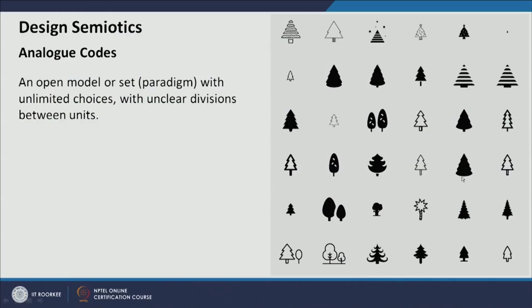For example, if we go back to the previous slide, where all these were analogous codes, a particular tree is an analogous code because it might be changed. But if we think about all these trees together and interpret them as a forest, or different kinds of trees, that gives us a sensation of paradigm.